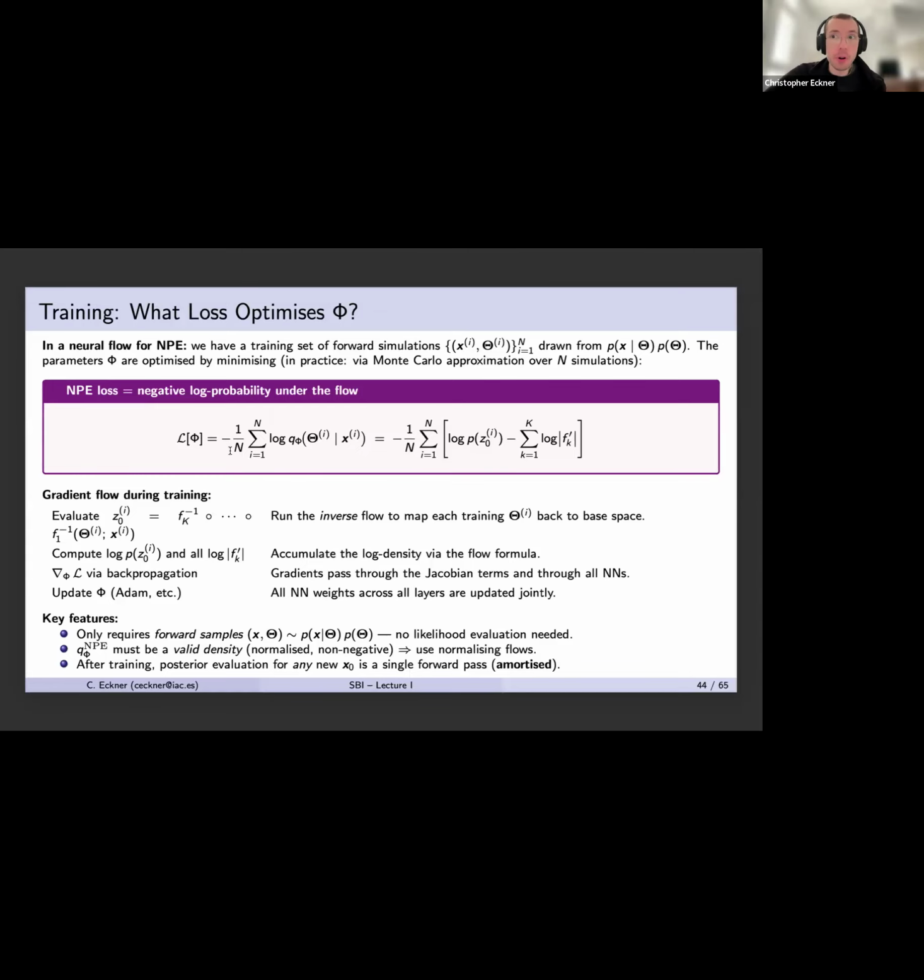Then, as we've seen before, what you want is to minimize the Kullback-Leibler divergence while averaging over these different Monte Carlo simulations or just draws from your joint probability. Let's say you have n of those training data sets. And then you do exactly this.